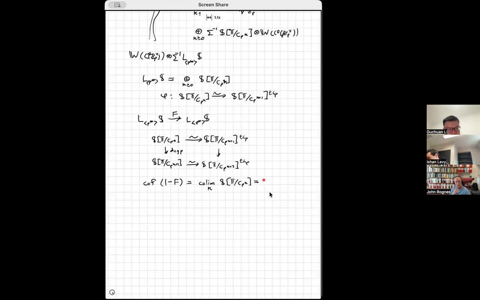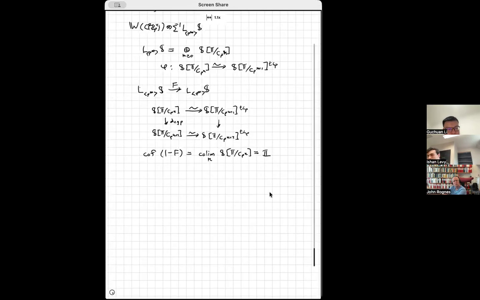So this is just the sphere. And so what you see is that this cofiber in cyclotomic spectra is in fact just the unit in cyclotomic spectra.